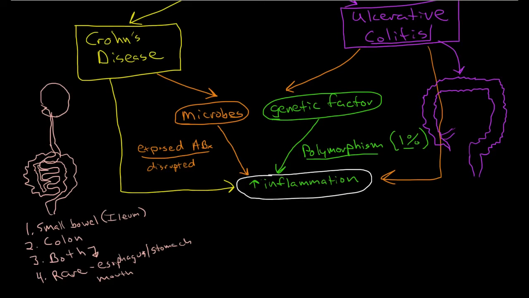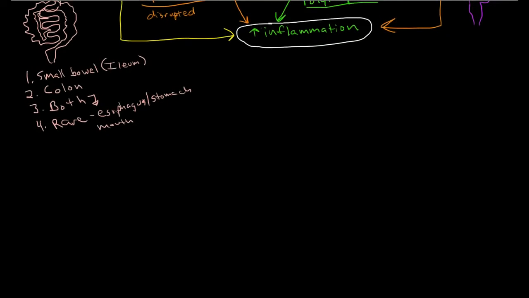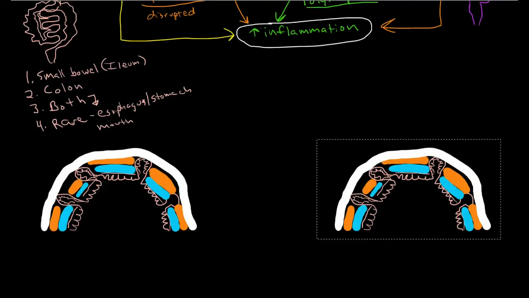Another difference between the diseases is the way that the ulcers form. With Crohn's disease, we end up with inflammation that begins on the surface and can spread down the crypts and quickly into deeper layers.